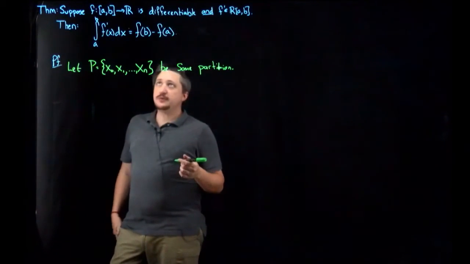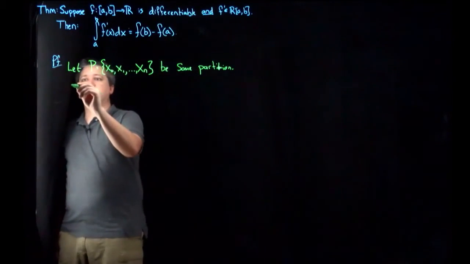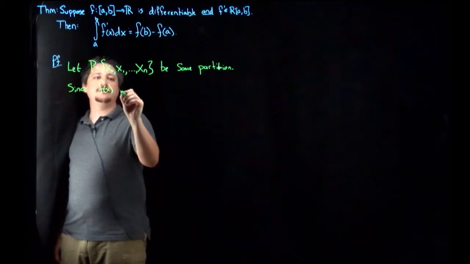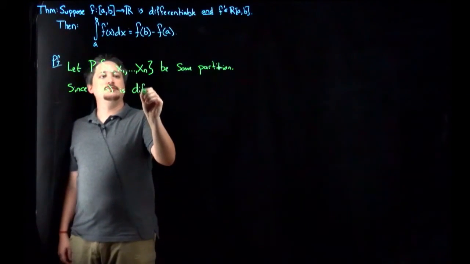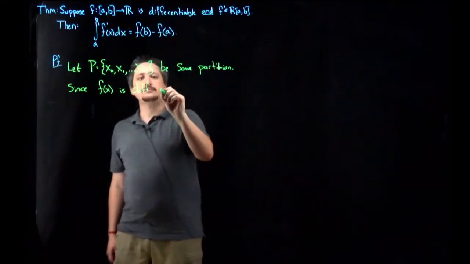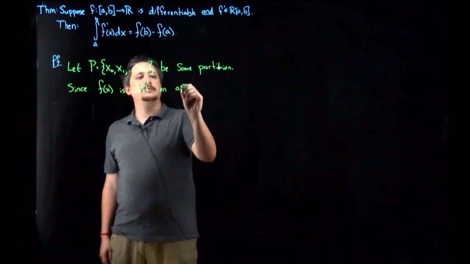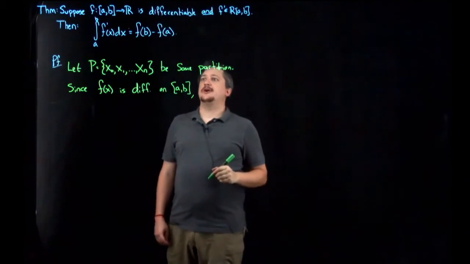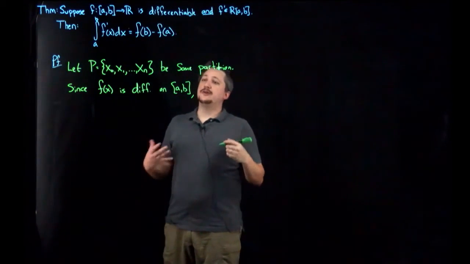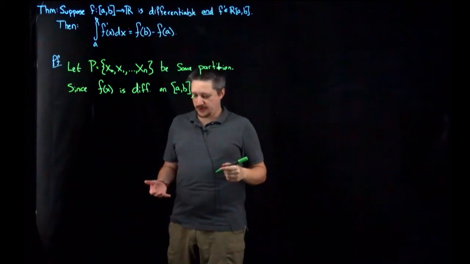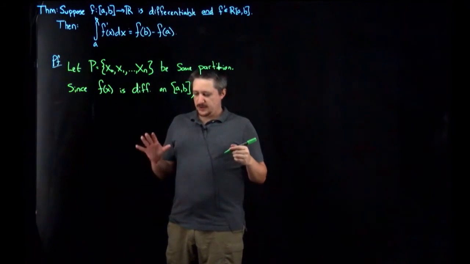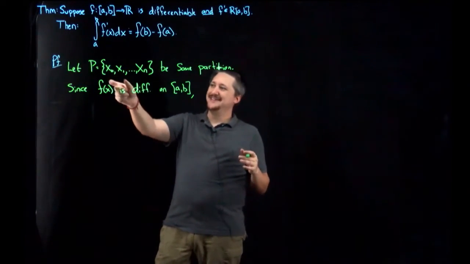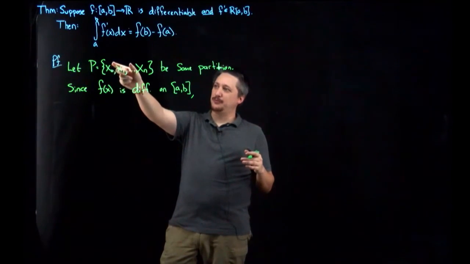So since we know that f of x is differentiable on [a, b], we can apply some theorem for each i rectangle, right?